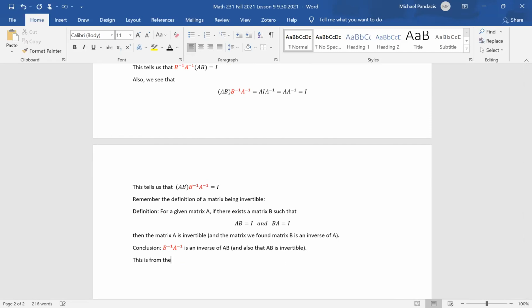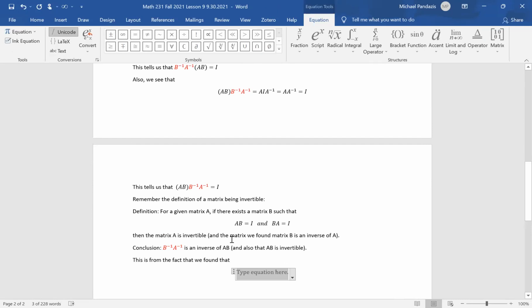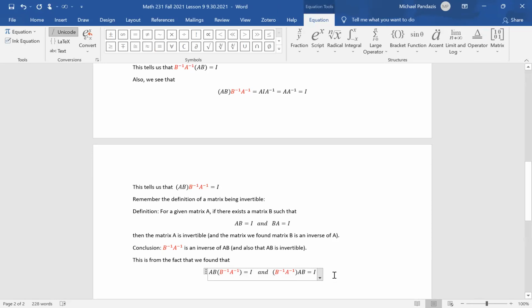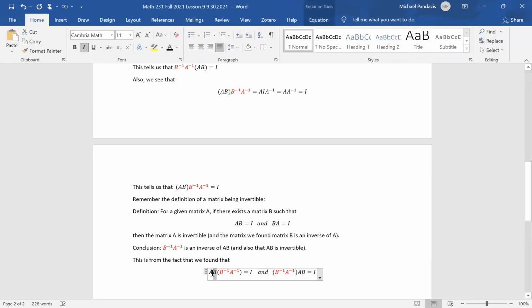Okay, so this is from the fact that we found that AB times B inverse A inverse is I, and that matrix AB on the left, we multiply it by B inverse A inverse, and it equals I. And so that means the matrix AB has B inverse A inverse as its inverse.